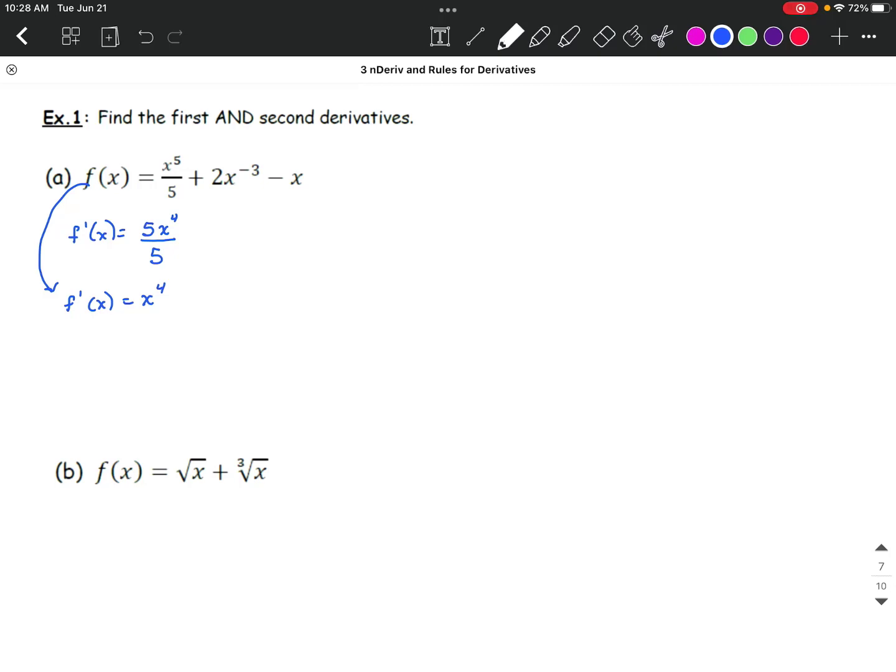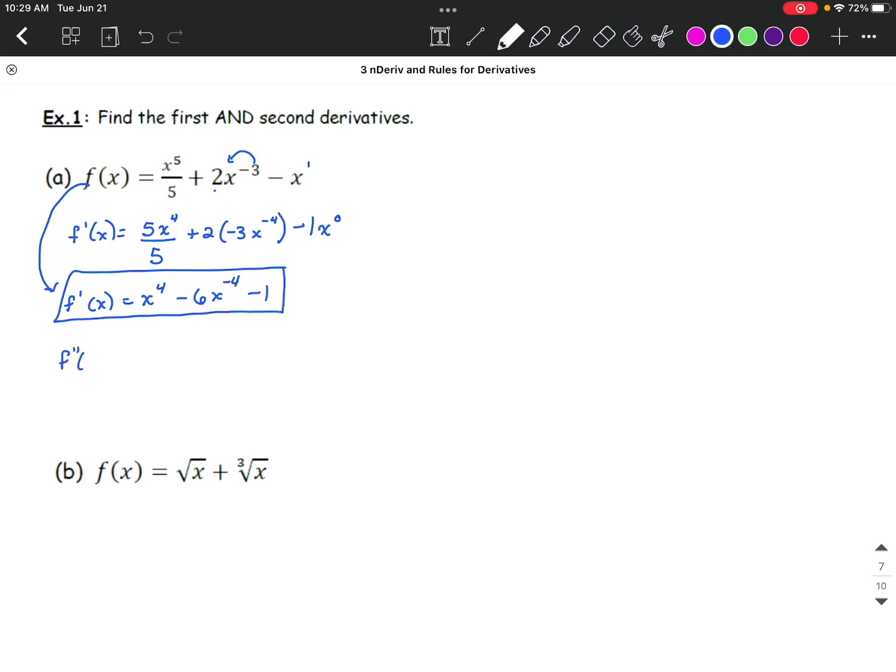Now we're going to have the 2 times, we bring down that negative 3. 2 times negative 3, because it's negative 3, times keep the x, subtract 1, that's to the negative 4. So 2 times negative 3 is negative 6, x to the negative 4. Minus the derivative of x, that exponent is 1. The new exponent is 0, and x to the 0 is 1. So here is our first derivative.